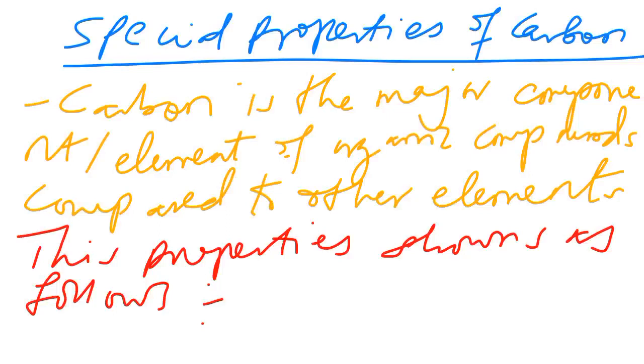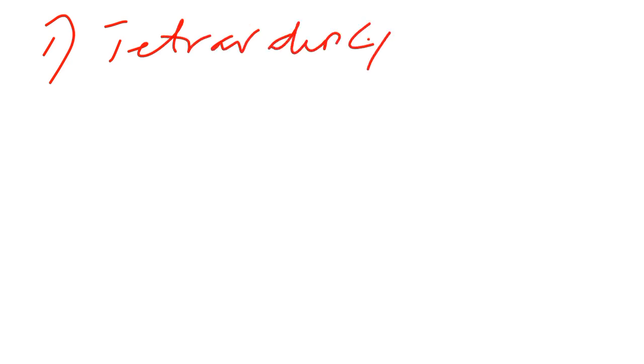We start with the first reason why carbon is the major constituent of organic compounds, with a special property as follows. The first one is tetravalence. By tetravalence, we mean the ability of a carbon atom to have 4 valence, or combining power, or sharing power of its electrons.